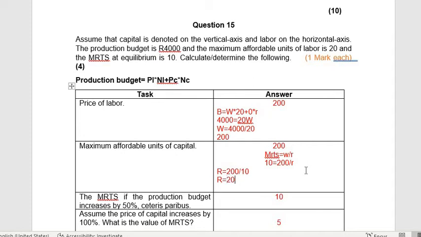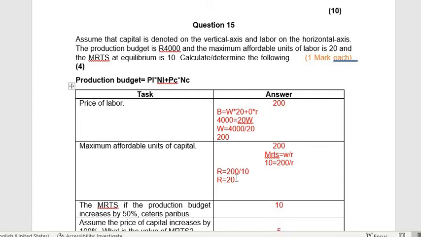So what I started by doing is using the marginal rate of technical substitution formula, and I substituted the value for the wage as the price of labor that we just calculated, and R, which is not what we're looking for, but will be used in order for us to get what we're looking for. And I got R to be 20.